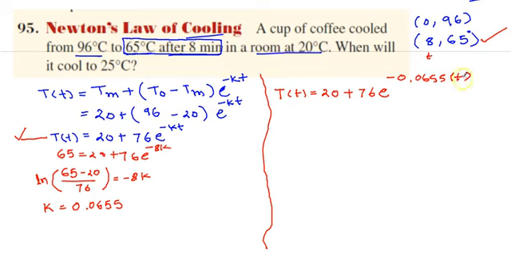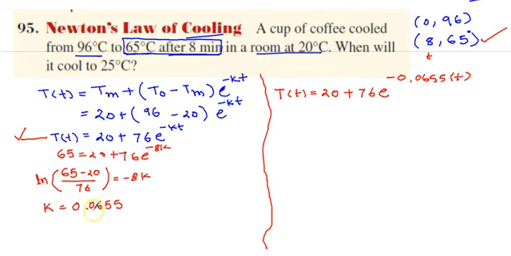There are only two variables, temperature and the time. So sometimes we ask you to find the temperature given a time. Sometimes we give you the temperature, you find the time. Any possible scenarios.